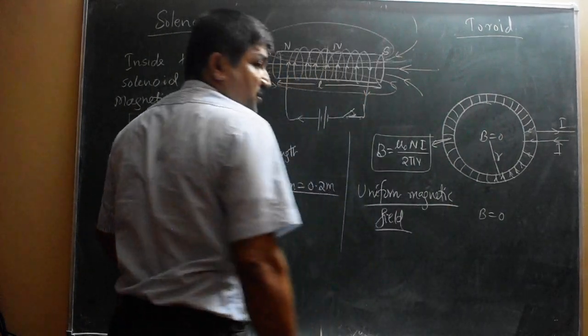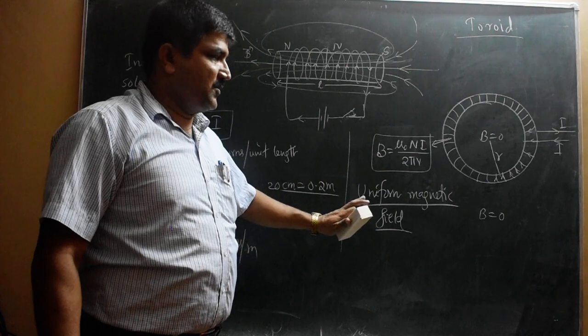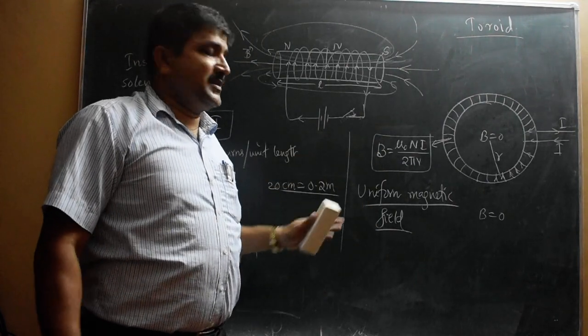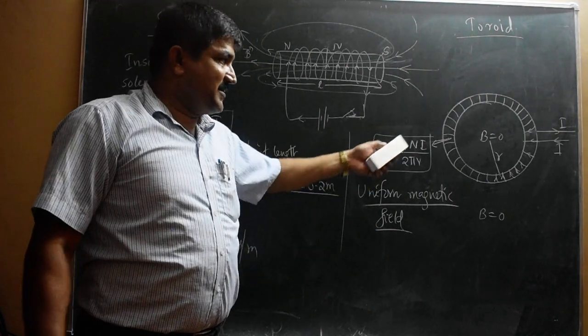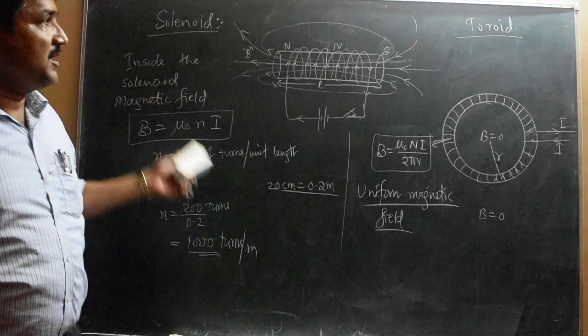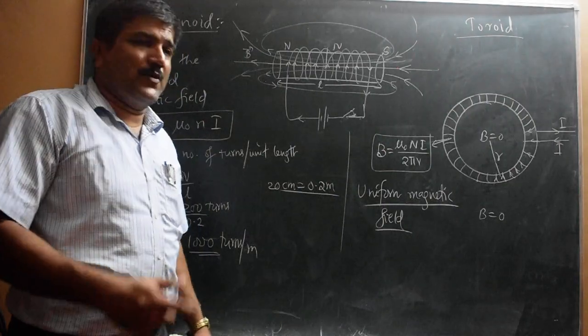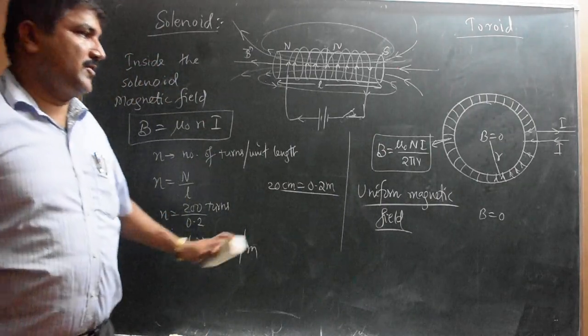These are the two devices which are used to get a uniform magnetic field. These are practical applications. In some devices we need a uniform magnetic field, and in such cases we use these two devices to produce the magnetic field. So that's all about this class. Okay, that's it.